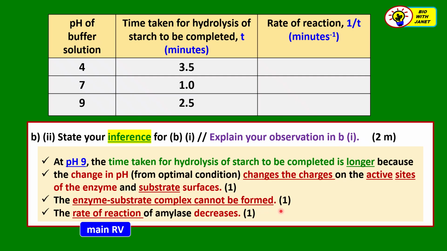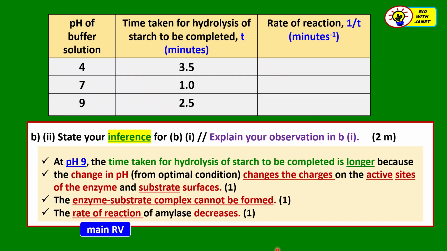And then you relate it to the rate of reaction. So the effect of the MV is stated here, because at pH 9 there's the MV. The change in pH changes the charges on the active sites of the enzyme and substrate surfaces, and the enzyme substrate complex cannot be formed. So next we must mention the effect on the main RV.